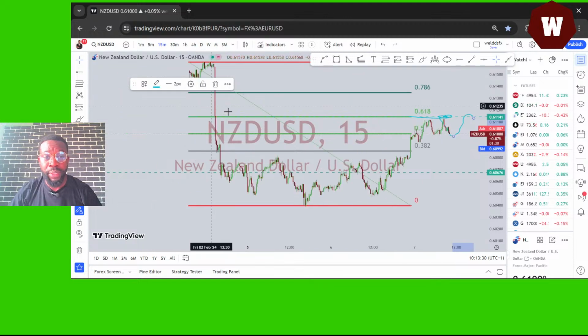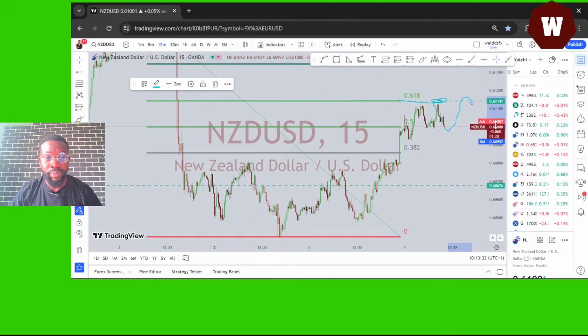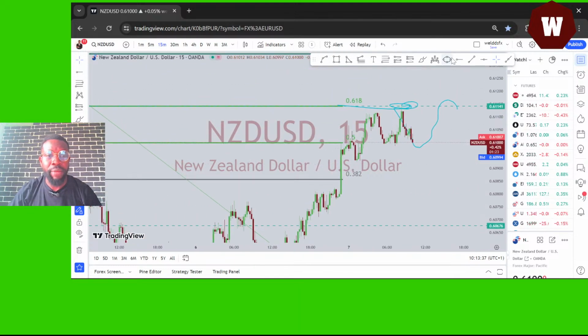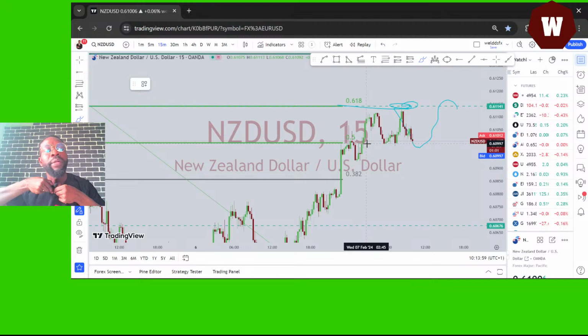Like if you go to the 15 minutes time frame, what do we see? On the 15 minutes time frame, what I just want you to be aware of is for the New Zealand dollar against the US dollar, we are selling. I'm only looking for the right place to place this trade to minimize the risk. Okay, so let's see what we can do.